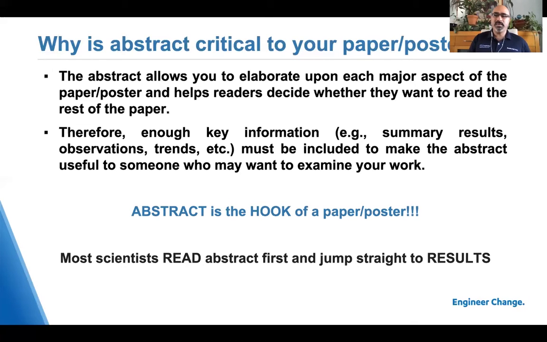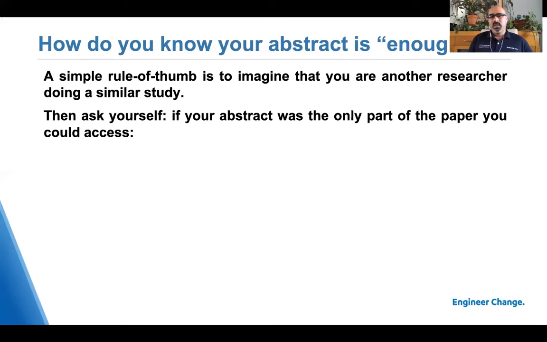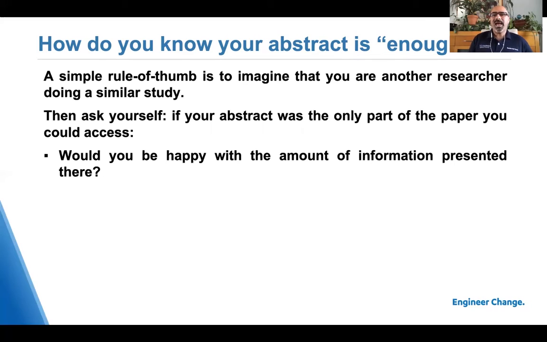So it is very important. So how do you know if your abstract is good enough, right? A simple rule of thumb is just imagine that you're another researcher doing a similar study, somebody who's familiar with your research area. And then ask yourself, just in reading the abstract, am I happy with the amount of information presented?